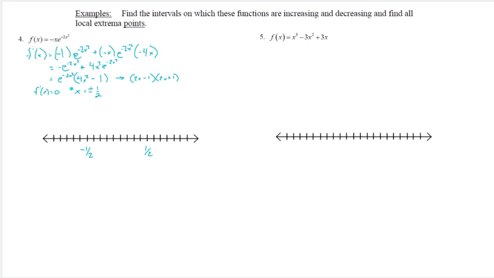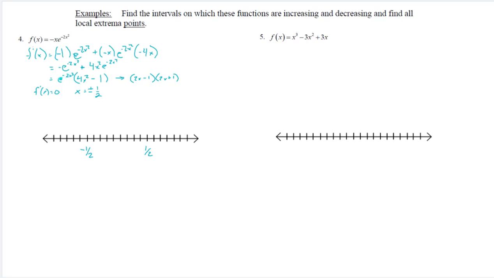If we begin to take a look at the derivative here, when we plug our values in, keep in mind that with this x squared in the e portion, no matter what we put in here, this is going to remain a positive number. This will never be negative.